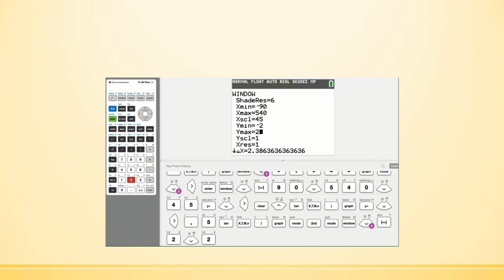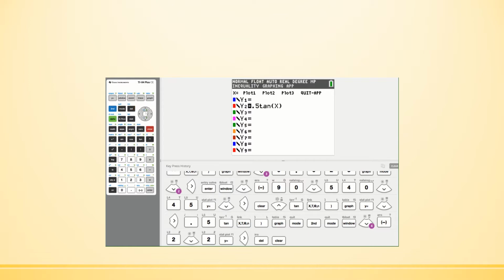All right. Okay, so let's graph these. Clear out everything first. Okay, so we're going to be 1 over the sine.